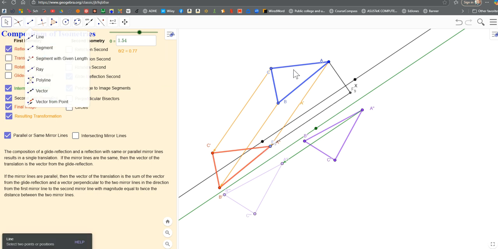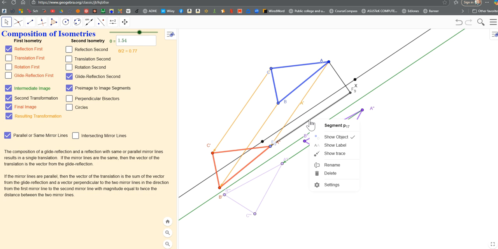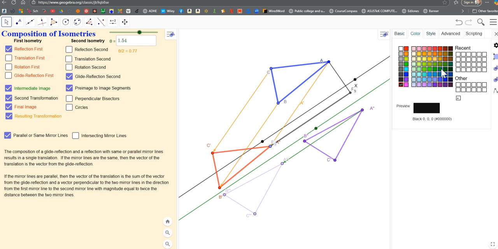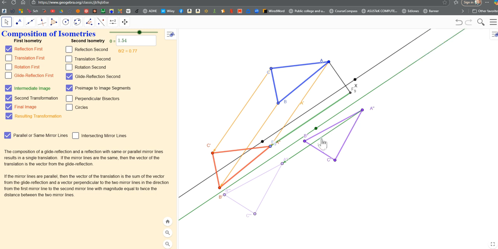Okay, so how do these relate? Well, if you look, this one here is the same as this vector down here. I didn't put the arrow on the end, but notice that vector and that vector are the same.